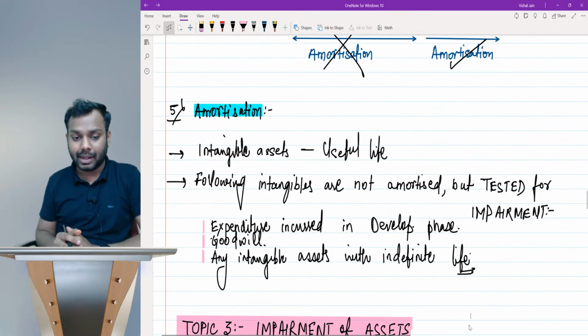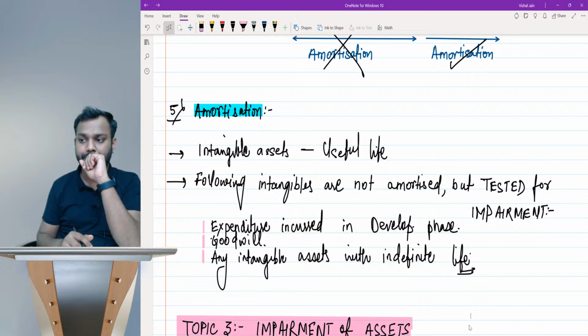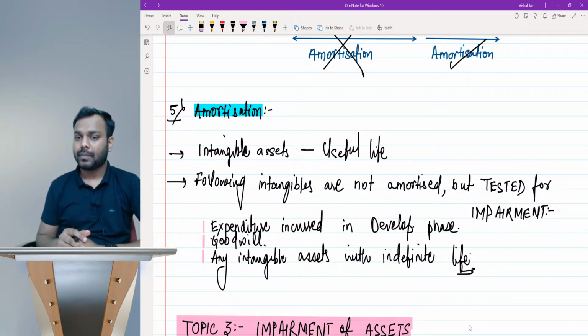Tell me, guys, any other queries that you have for intangible assets that we can discuss now? If not, then we can solve questions. Market investment and investment are two different things.